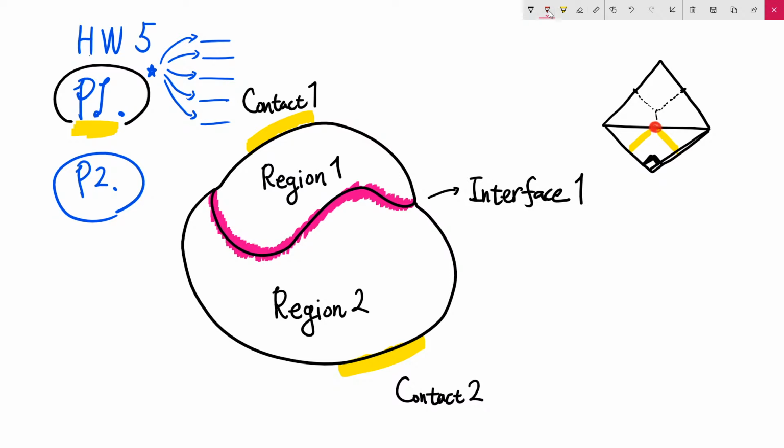Let's say this is the circumcenter of this upper triangle. Then we will have lines perpendicular to the edges of our triangles.